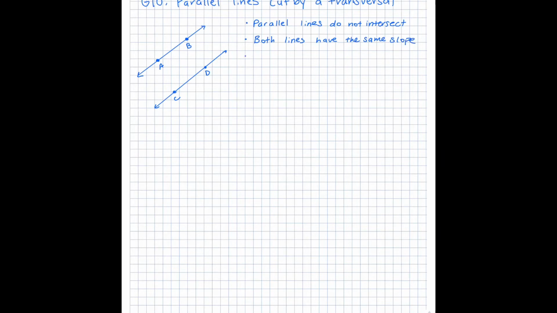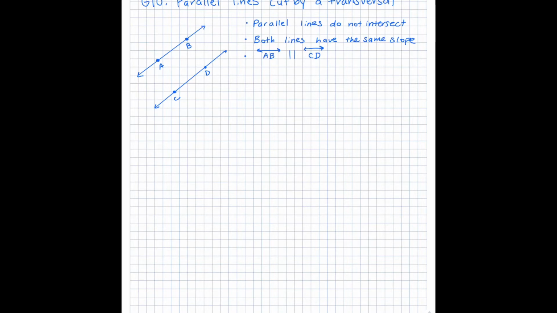Now, something that might be new is how we do the notation. If these two lines are parallel, we write it like this. Line AB is parallel to line CD. So here we have two parallel lines, AB and CD, that do not intersect. And because they do not intersect, we know they must have the same slope.